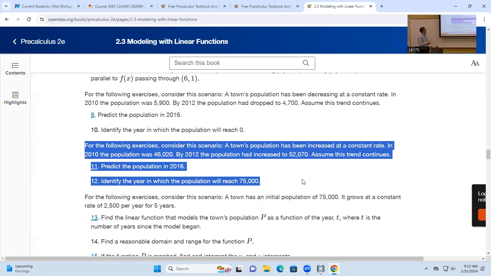Now, we'll eventually get to problems 11 and 12. But before we do, we need to create the linear model.